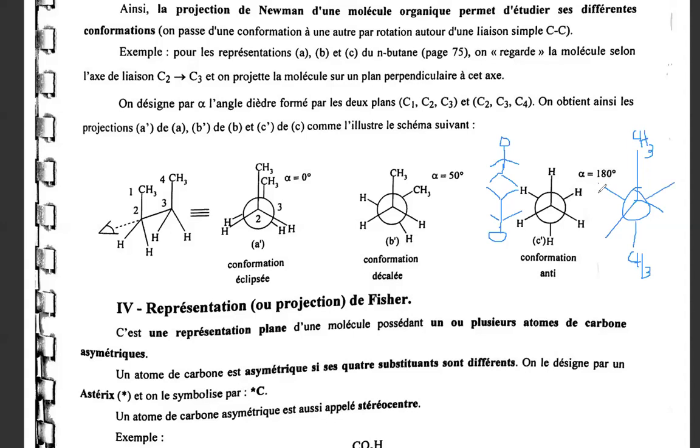So this is what I'm trying to say. This is the anti-conformation. Don't worry, when we do conformers, I'll explain what happens to molecules at different angles. So this is what I mean by anti-conformation. Then décalé, this is just moving it a bit, just a bit. Maybe Samuel moves at an angle of 50 degrees out of the zone of 0 degrees. Yeah. So is it clear with the Newman representation?